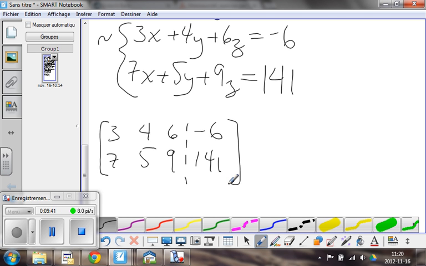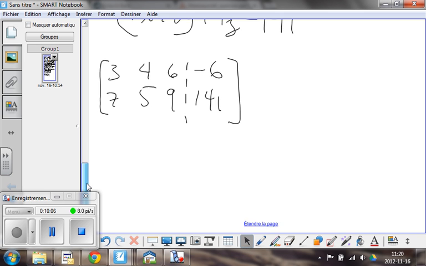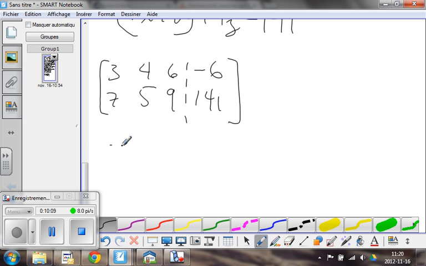There are only 2 equations but 3 unknowns, so there's no way we're going to find the identity matrix here. Even if we find 1, 0, 0, 1, the rest is stuck there. Presumably z is going to be a free parameter. So you can do this at home: solve with the Gauss-Jordan method, and you find something like this.